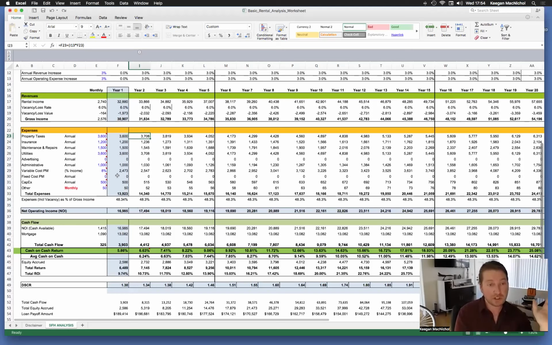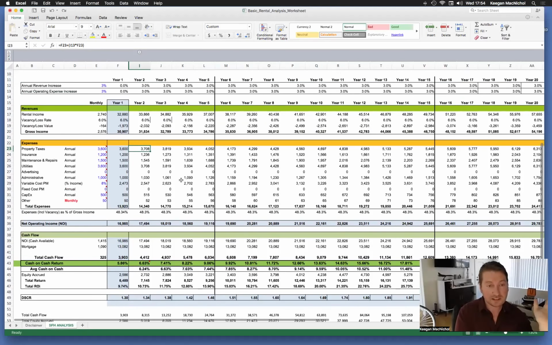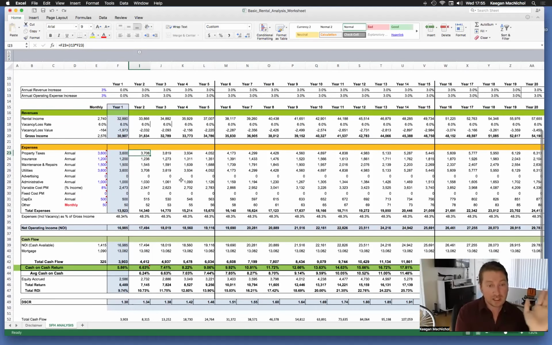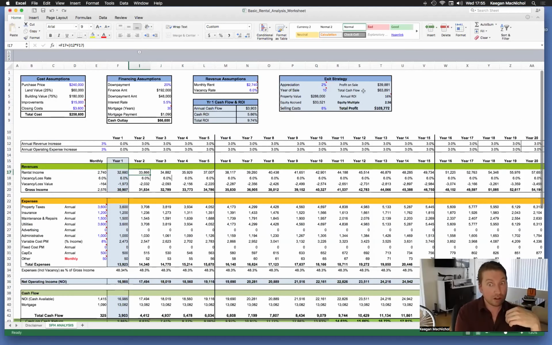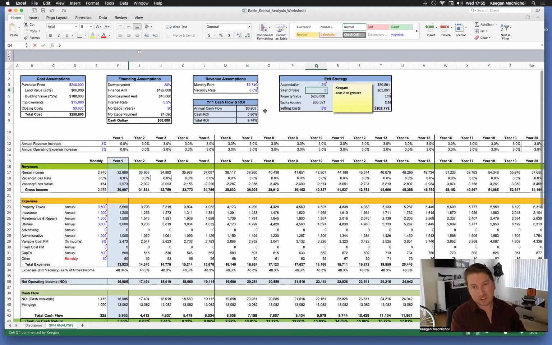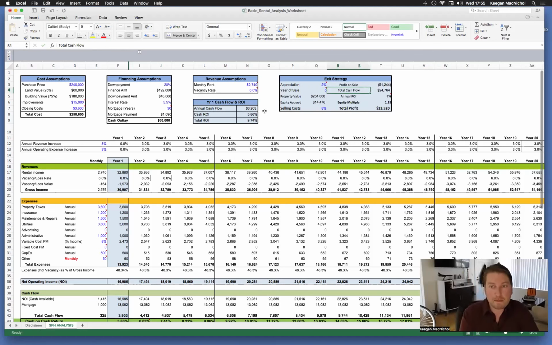Just keep in mind when you're dealing with a spreadsheet like this that has a lot of auto population, sometimes when you start overriding some of those formulas, it can affect other parts of the spreadsheet. So just be careful. But overall, I think that gives a good indication of what you can expect, right?